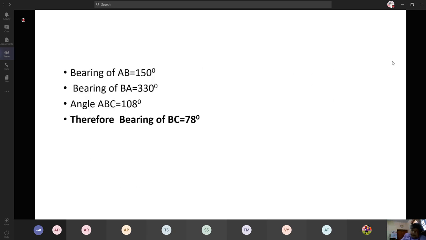The bearing of AB is 150. The bearing of BA is 330. Angle ABC is 108, so the bearing of BC is 78. The next line you will have 6 degrees only. The bearing of CB is 258. How do you calculate it? 78 plus 180 is 258.